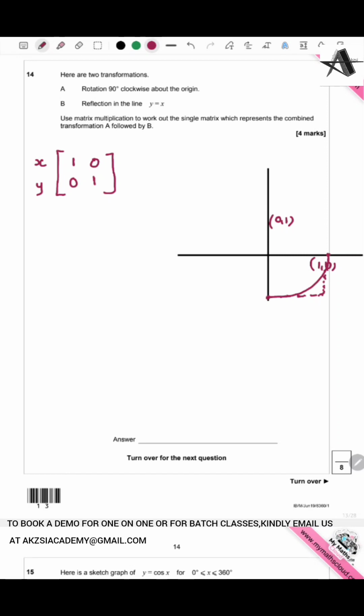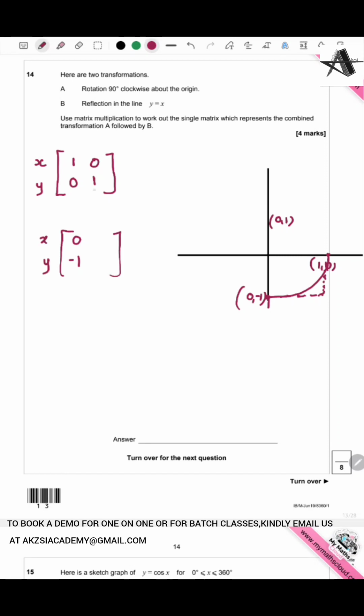When it reaches here, this is the y axis and x is 0, and by a single unit, whatever this radius, the same will be here. So 1 unit downward will be negative 1. It will transform into 0 comma negative 1. So now I can write 0 negative 1.